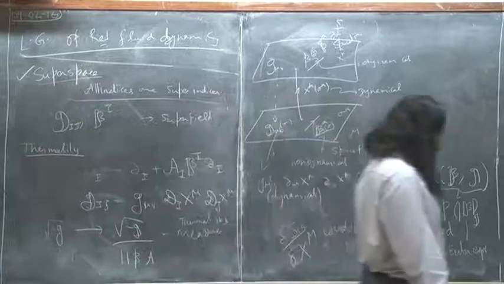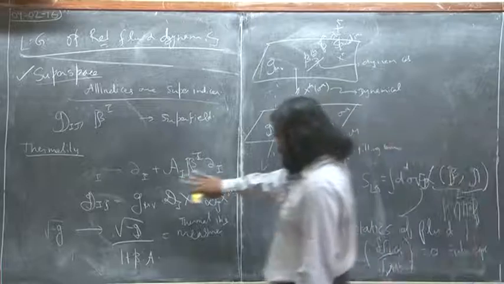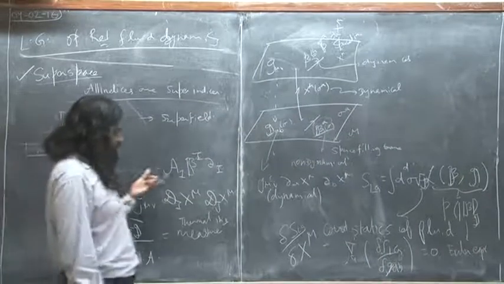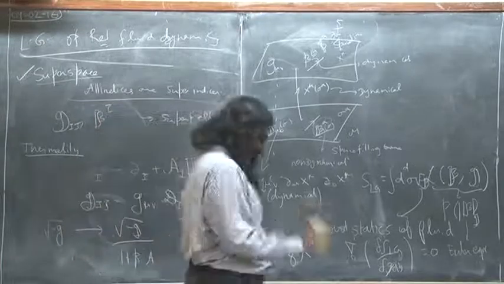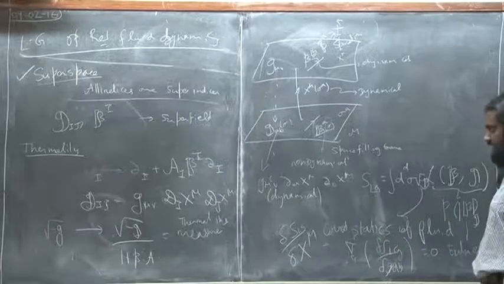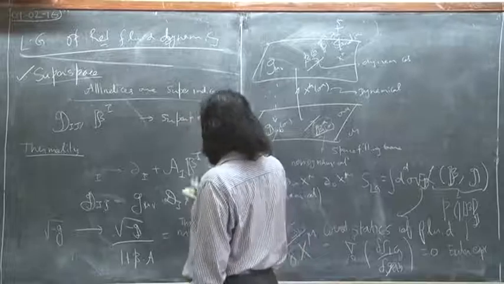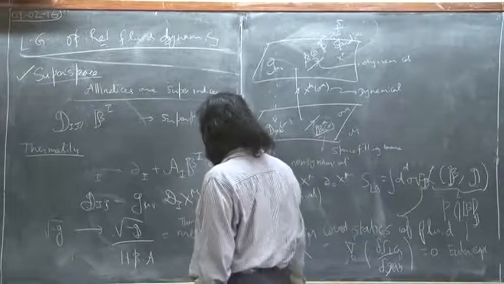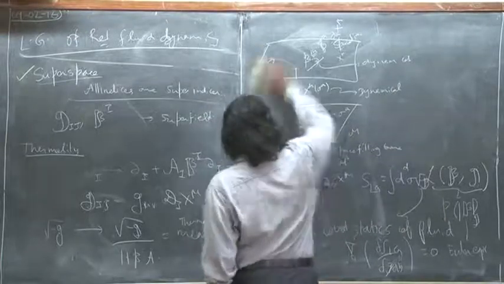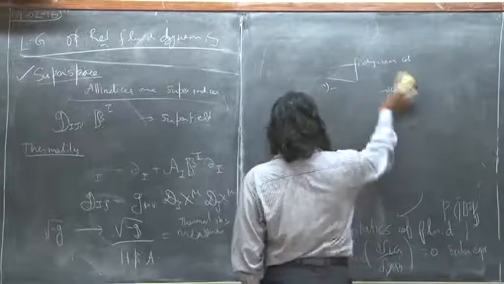So these are the things that you have to do. This thermal gauging, the thermal invariance, is the non-trivial part. Superspacing everything and keeping track of signs is just bookkeeping. But here we have to be very careful about what representations you write down and how you write down the correct Lagrangian, which is invariant under all the symmetries in the problem.